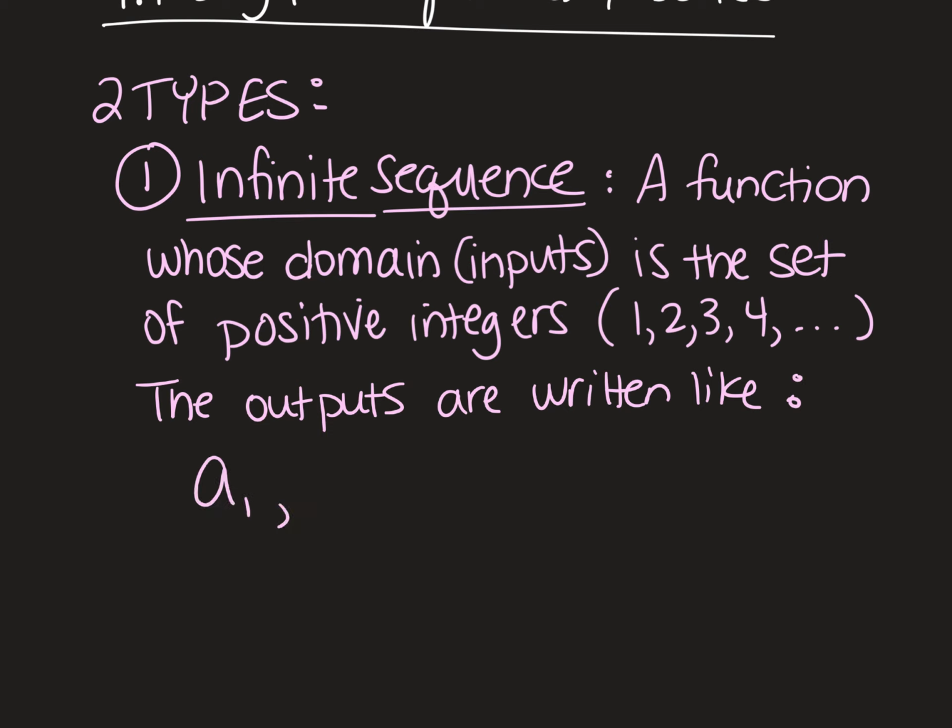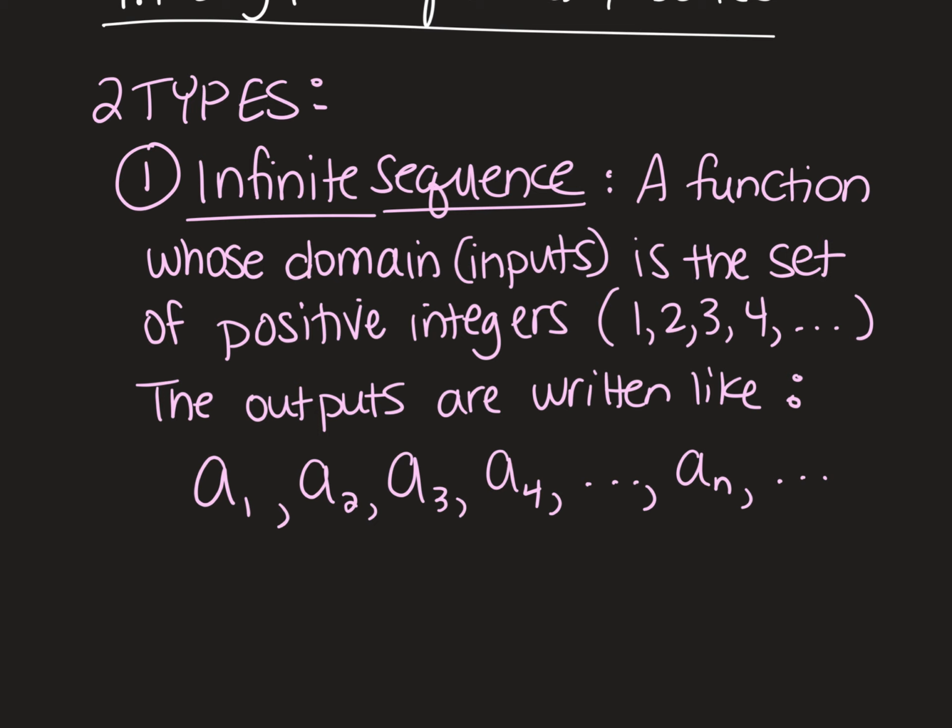So a sub 1, that's how we say that. I'm just going to put a few in here. So anytime in mathematics you see ... that just means that whatever you're looking at continues with whatever pattern you're seeing.